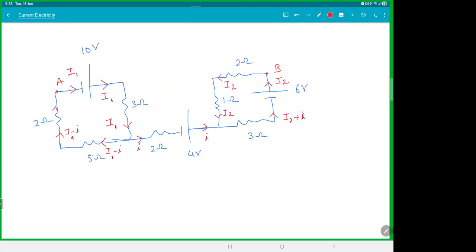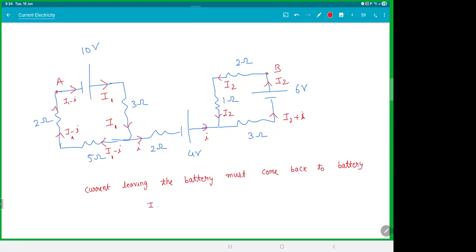So let's just put that down. Current leaving the battery has to come back to the battery, because batteries do not create charge. They are just neutral. So how much current you sent? You sent I1, and how much current is coming back? I1 minus i.